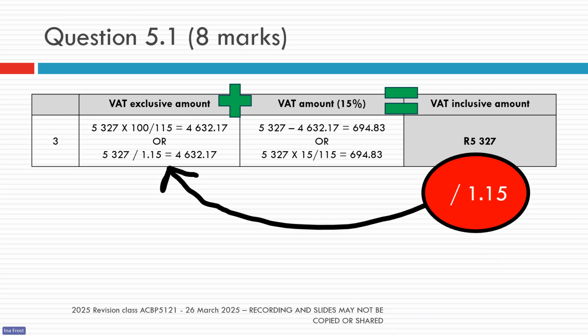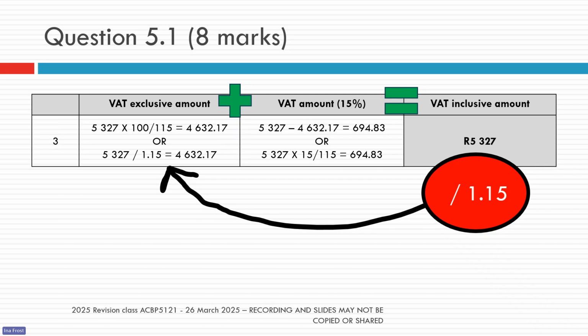For ease, I started with first calculating the VAT exclusive amount. There I've given you on the screen two possible formulas. The top one is what you want over what you have, and the bottom one is where we just divide by the 1.15.